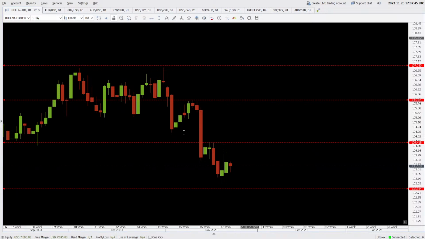So till the time the bias is bearish, we will call it the bias is bearish, and we'll keep it here. Below this level the bias is bearish. All right, so the standard levels now for the US dollar: 102.84 on the downside, and on the upside we have potential resistance at 104.41.